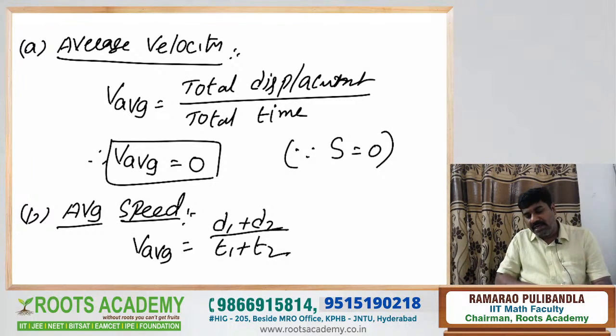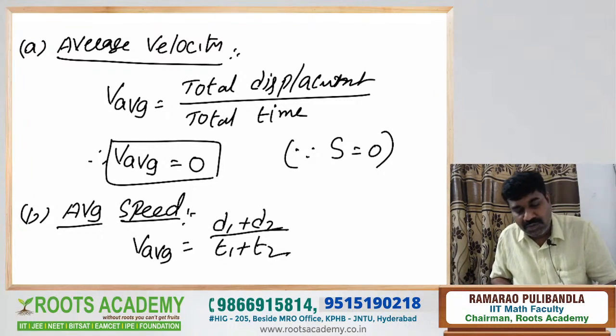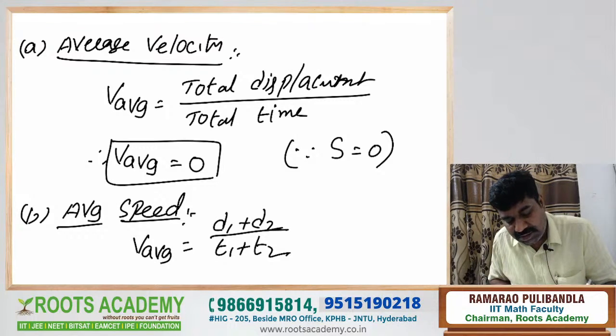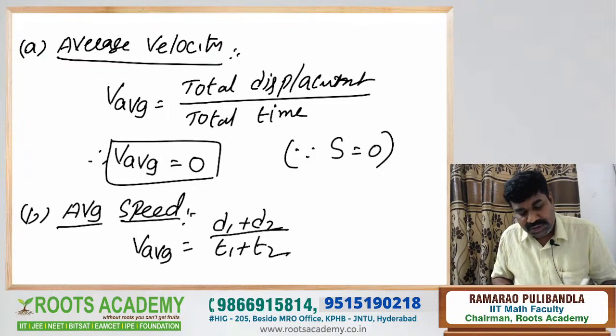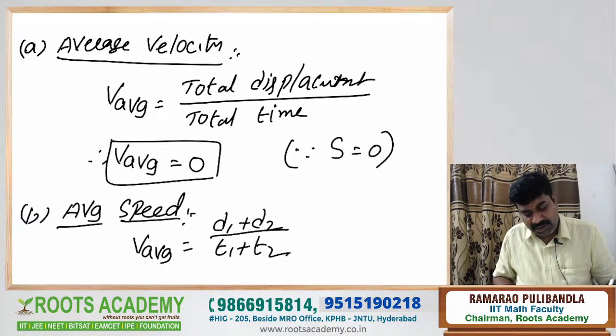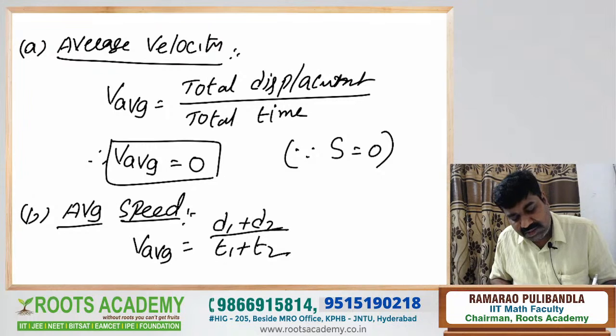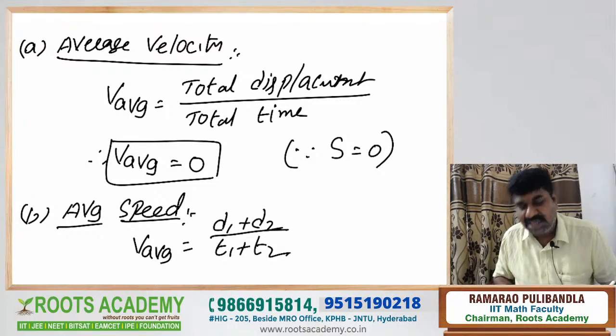Now we want to find the average speed. Average speed V average is D1 plus D2 by T1 plus T2, with distances in kilometers and times in hours. So V average is equal to 2.5 kilometers plus 2.5 kilometers by 1 by 2 hour plus 1 by 3 hour.